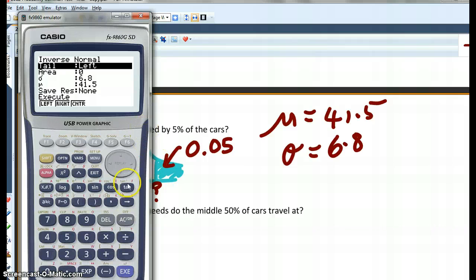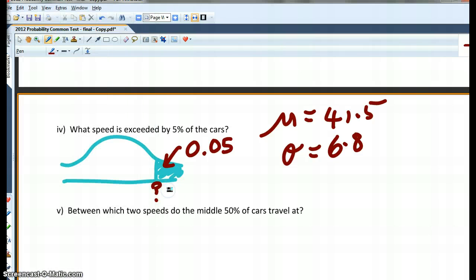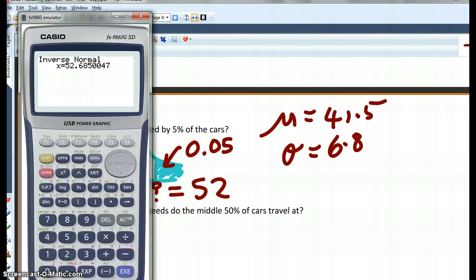So the tail is to the right. The area is 0.05 because that's 5%, 6.8 is our standard deviation, and 41.5 is our mean. So we get 52.6. We're going to round it to 52.7.